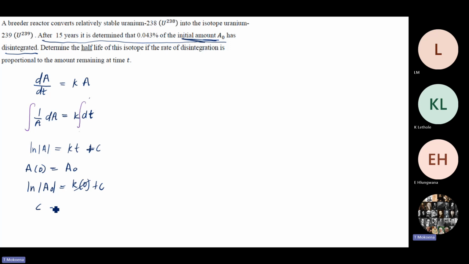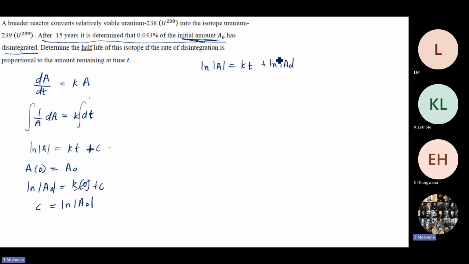Therefore we can see that our value of C is going to be ln of A sub naught. Now we go back here. We're going to substitute the value of C. Now we have ln of A, which will be equal to kt, and then C, we said it is plus ln of A sub naught.